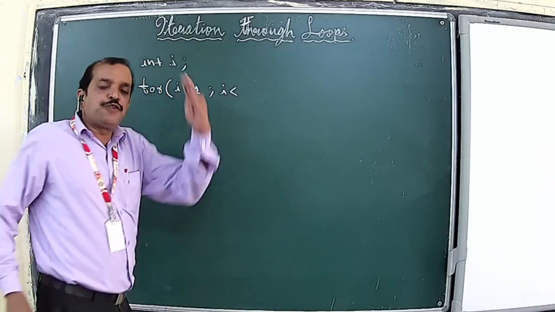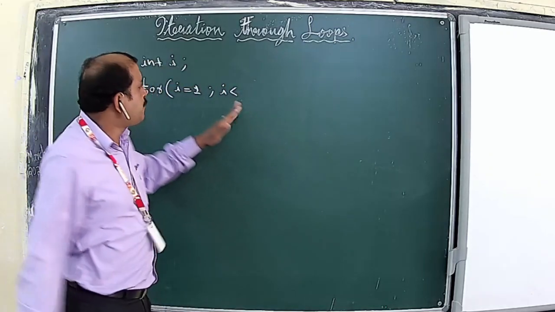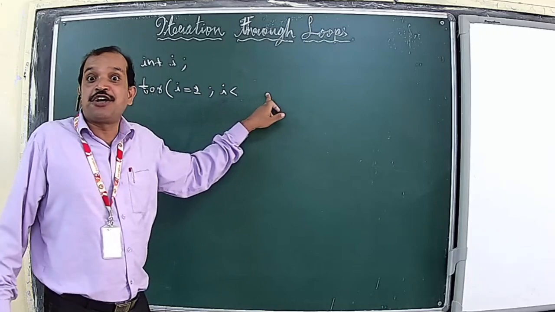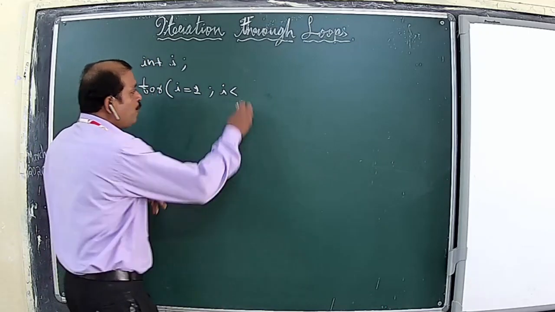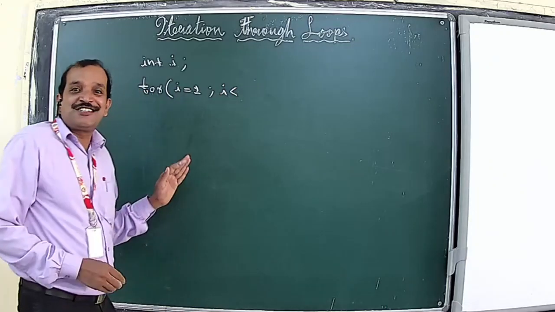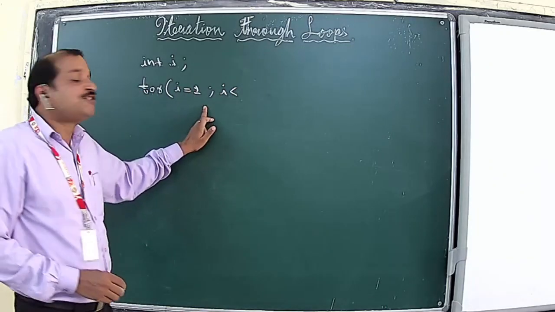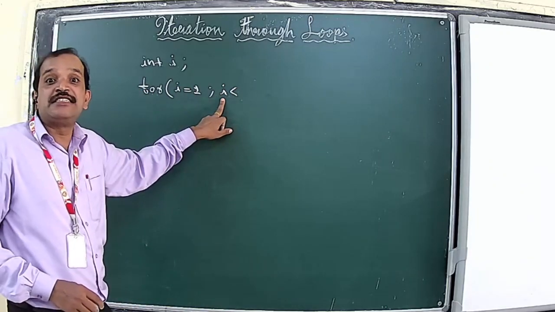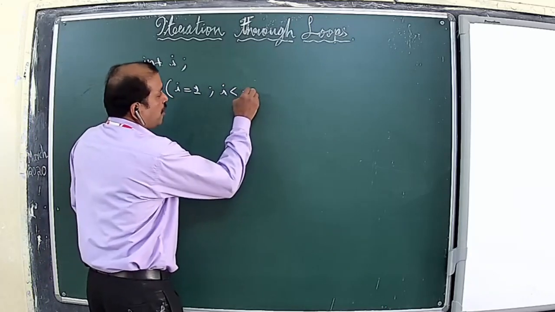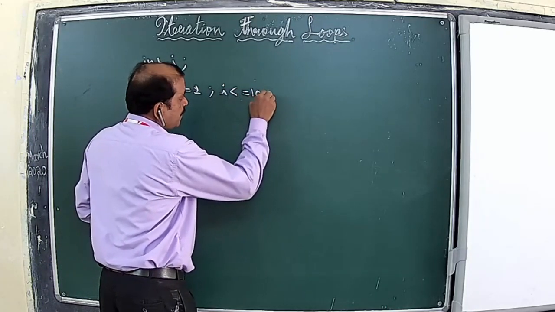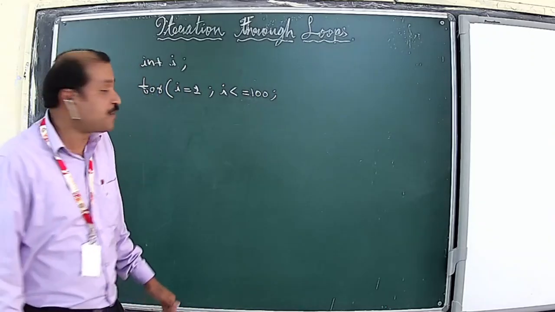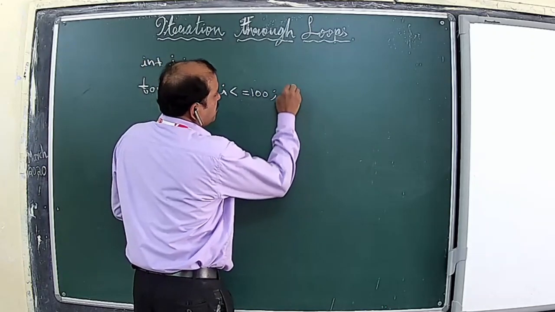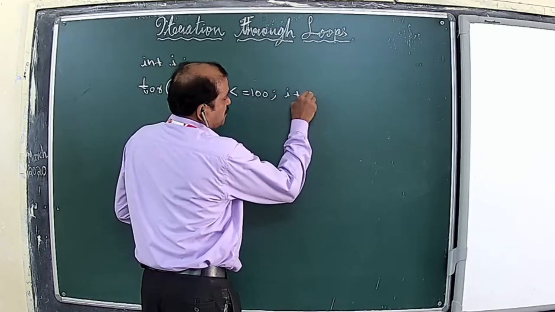When you had to print from 1 to 5, you wrote I less than or equal to 5. So you are already sure what to do now. Our task is to print from 1 to 100, so I will be less than or equal to 100. This is the test expression, and your update expression will be I plus plus.